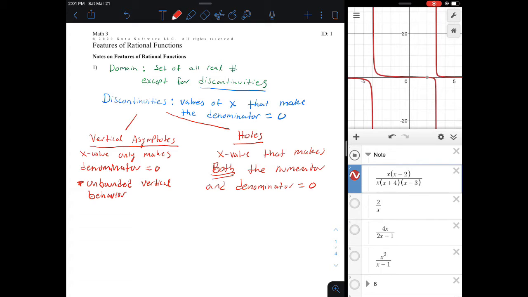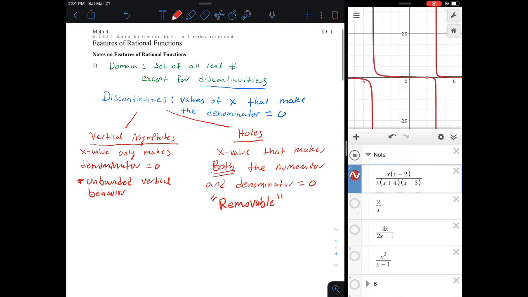In fact, the reason why we cannot see them graphically is because holes are removable. Meaning if I simplified my problem, looking at that same equation on the right-hand side, I could cancel out those x's and it would make the same graph. So it's a removable discontinuity, while a vertical asymptote is not removable.